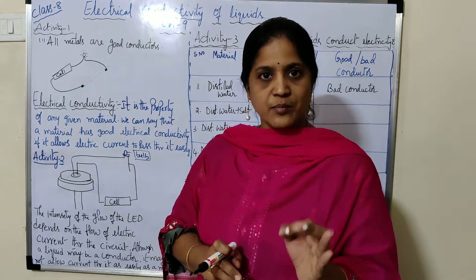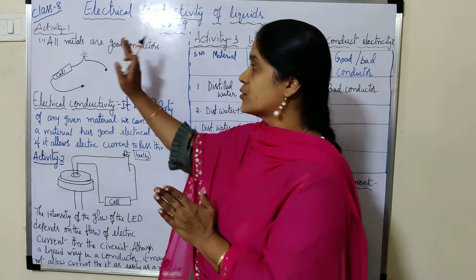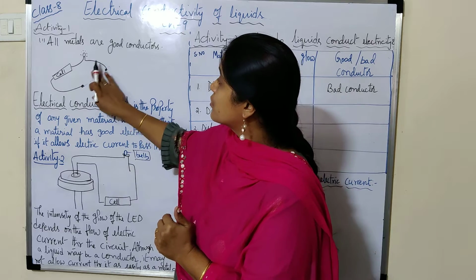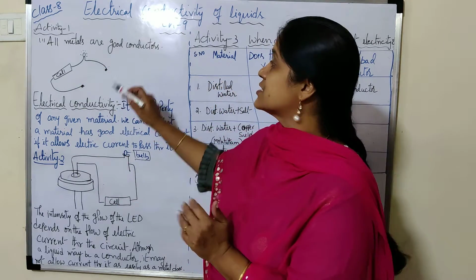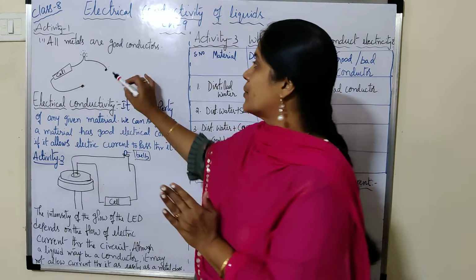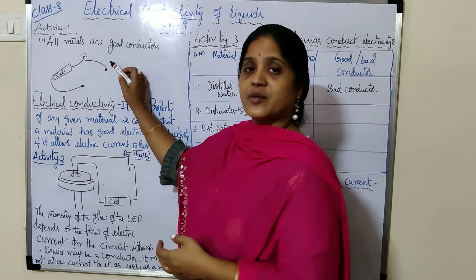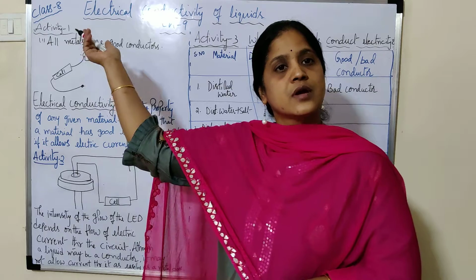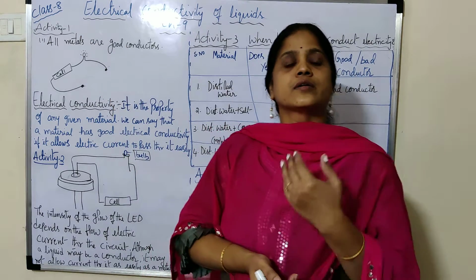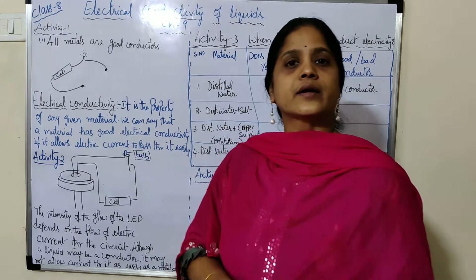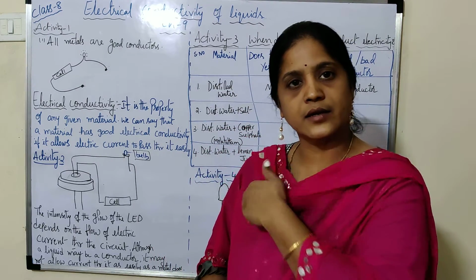If there is no connection from this terminal to this terminal, the circuit is open and the bulb does not glow. So you take different materials, observe each time, and find out which solid substances are good conductors and which are bad conductors.